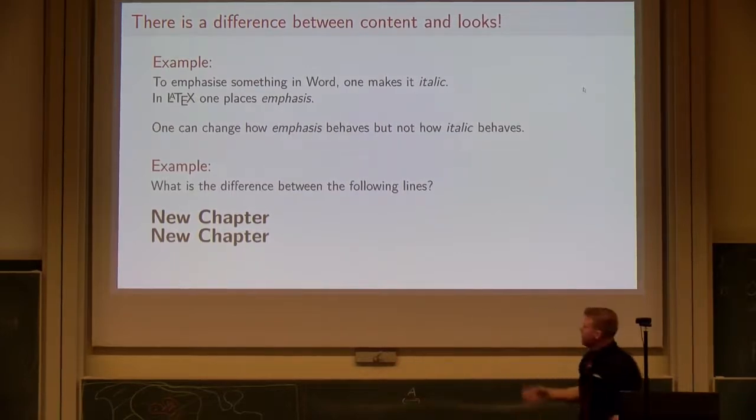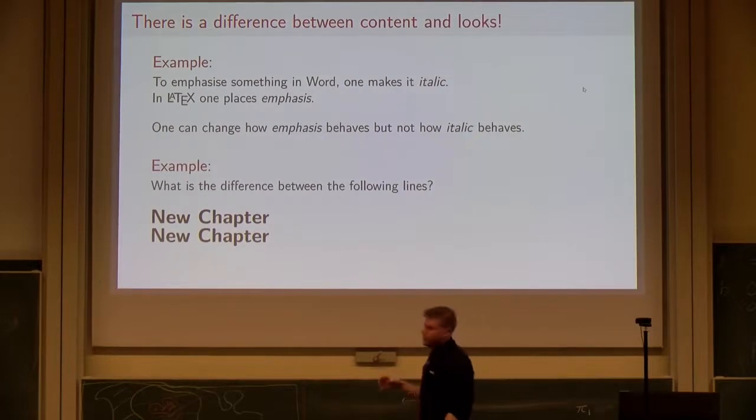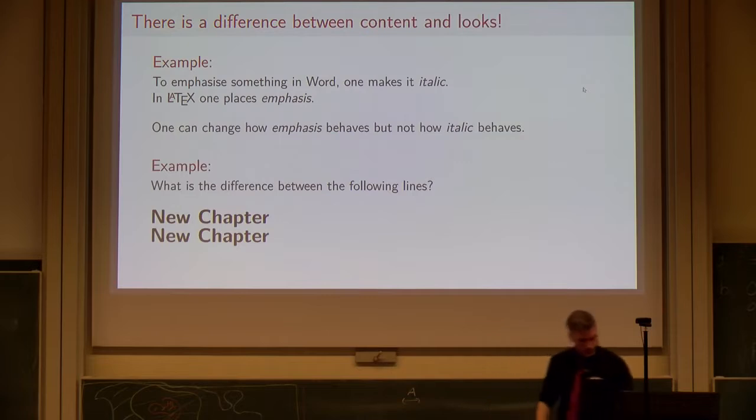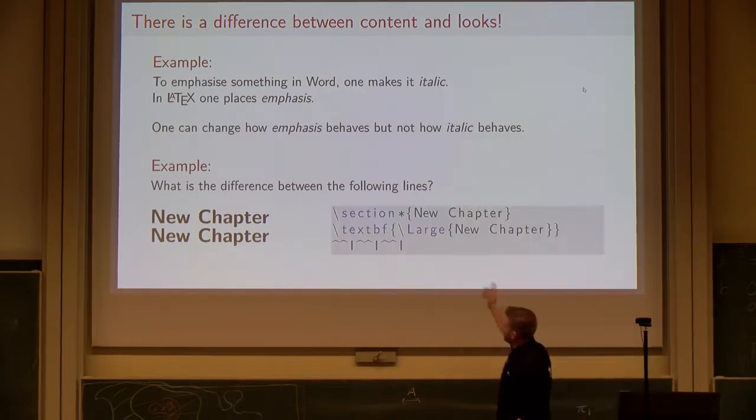So, an example, what's the difference between these two lines? They both say new chapter and they both look the same. But in LaTeX there are actually two different things, and here you're doing something that is kind of discouraged in LaTeX. It's the same as using the I tag in HTML, that's deprecated.